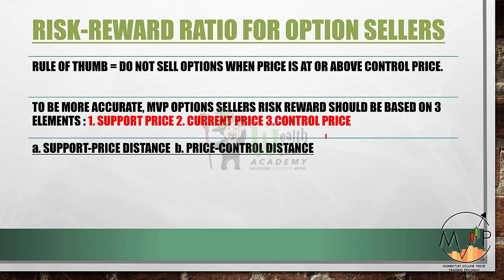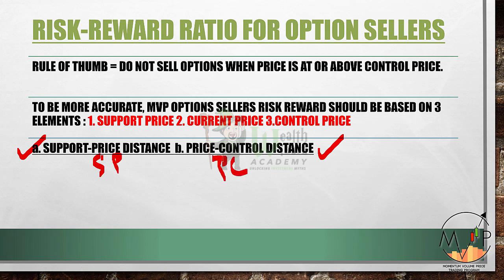So the two elements that you need to calculate are support price distance and price control distance. This is the support price distance, and this is the price control distance. This I will call SP, this I call PC.